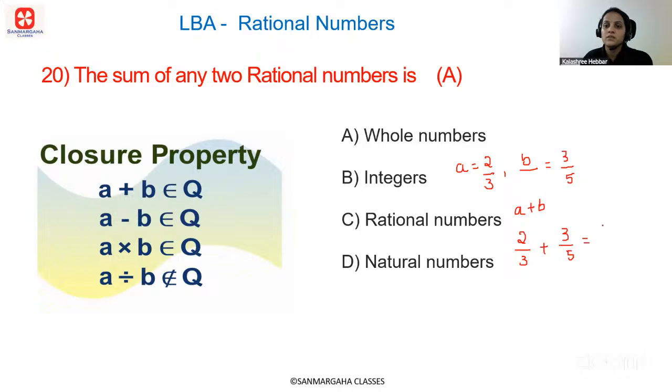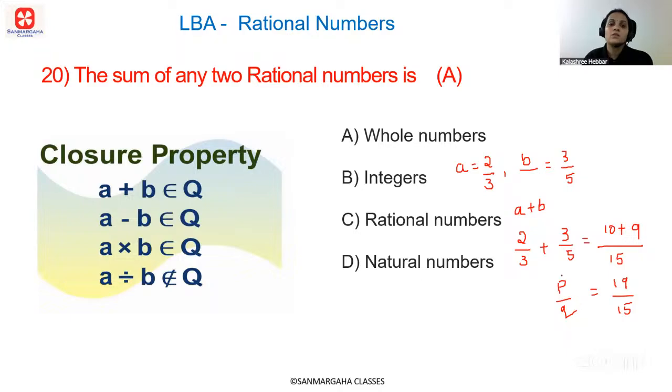Okay, so what is the answer? So 3 5s are 15, which is in the form of P by Q.